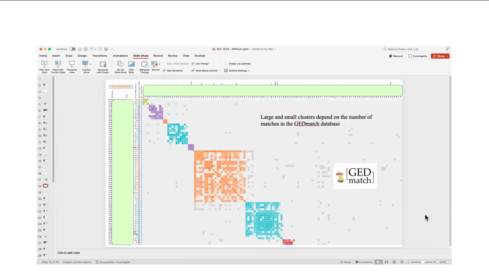GEDmatch has some very important and powerful tools. This is just one of them, called clustering. What this is showing is all the matches to a particular unknown and how they match each other. So these are internal matches in the database, matching to each other and also matching to the unknown.